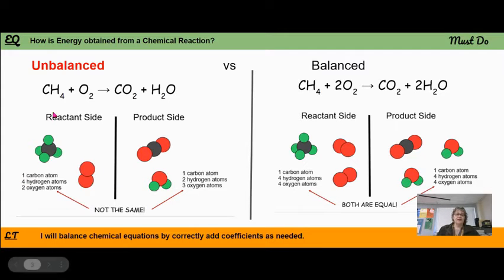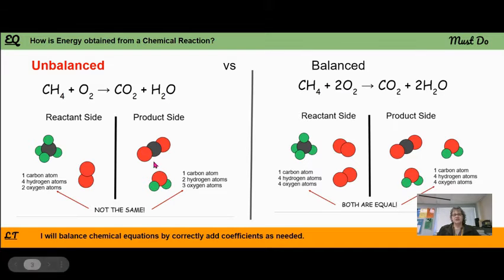So we have one carbon, and attached to that are four hydrogens, and then here we have two oxygens. On the other side, for CO2, we have one carbon and two oxygens, and for the water, we have two hydrogens and one oxygen.